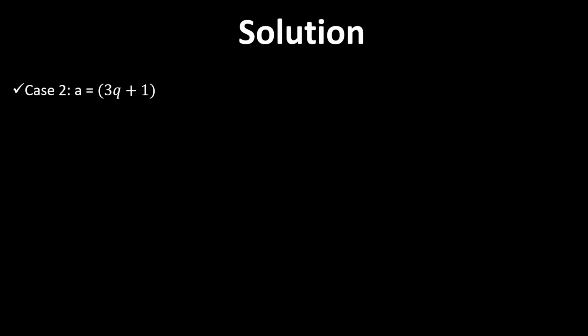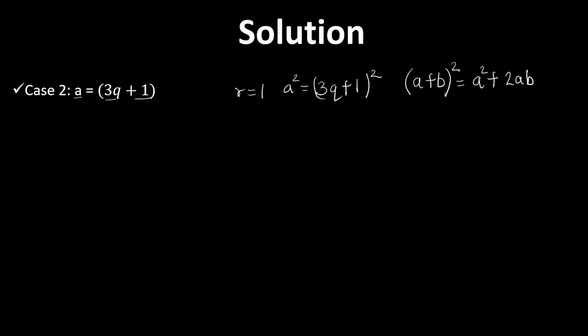Let's look at those. In case 2, we are considering remainder equal to 1. In that case, we can write the positive integer a as 3q plus 1. On squaring both sides, we obtain a square equals 3q plus 1 whole square. Now, how to evaluate this? We will use the a plus b whole square identity, which says a square plus 2ab plus b square is the expansion.